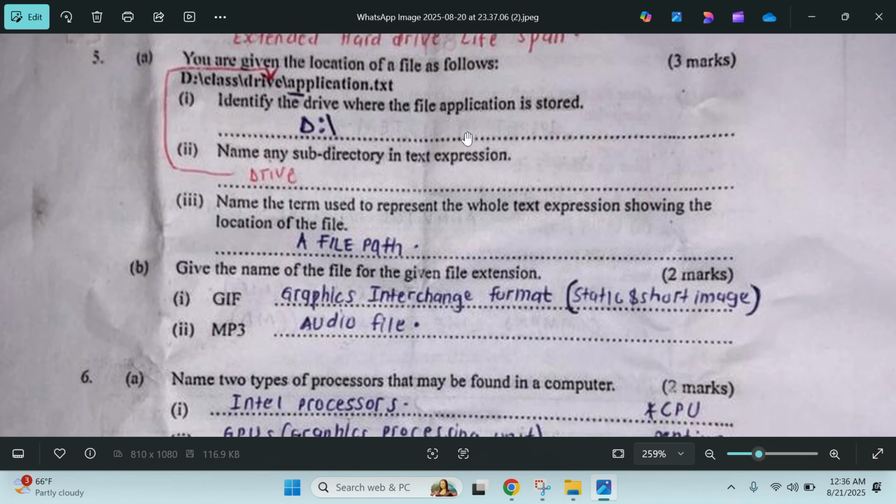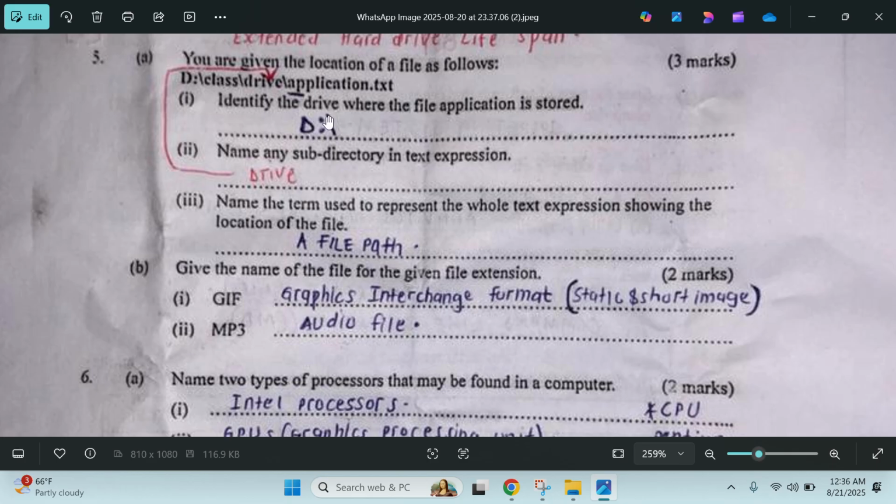So the answer was D://. The drive is the first letter that appears in the file path or in this location. So the D:// is the drive. The file is found on D, the partition of the hard disk D.